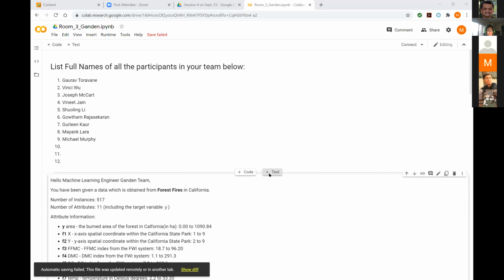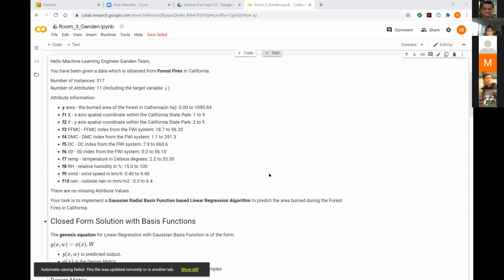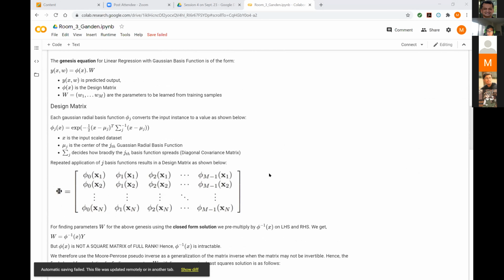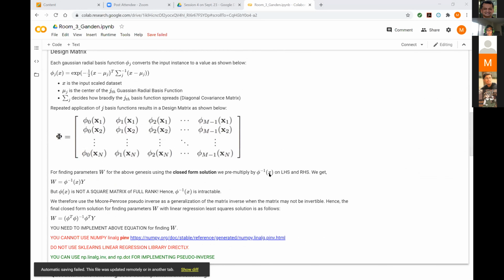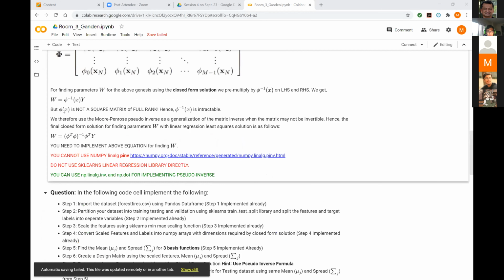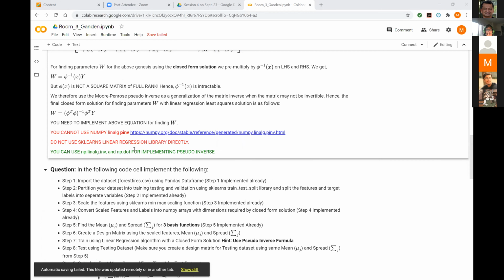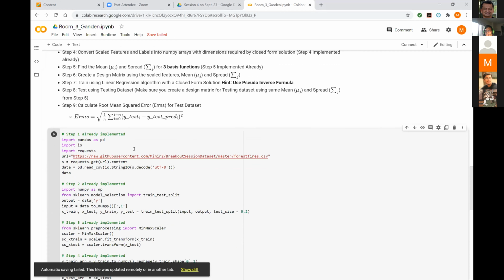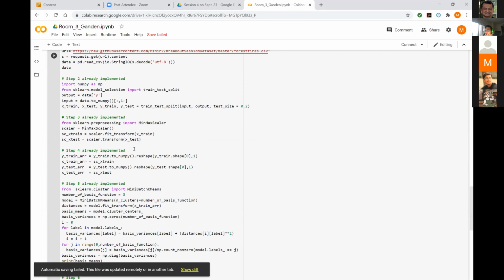So first step is creating a design matrix using scaled features and mean and spread. So design matrix, does that mean that's the basis_variance? By the way, if anyone comes up with ideas for the code, please put it in the chat and I'll start implementing it.